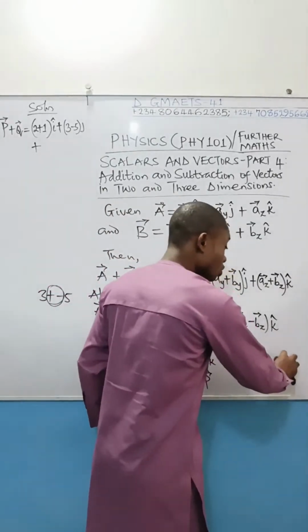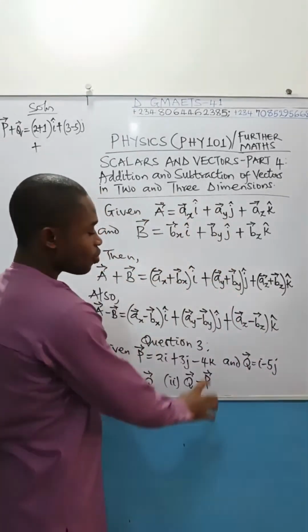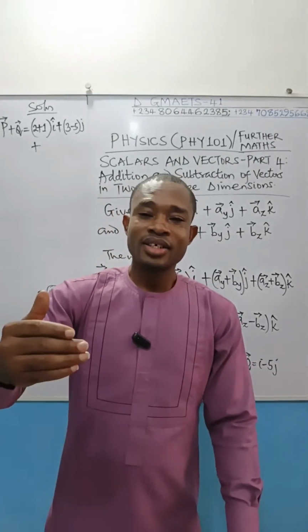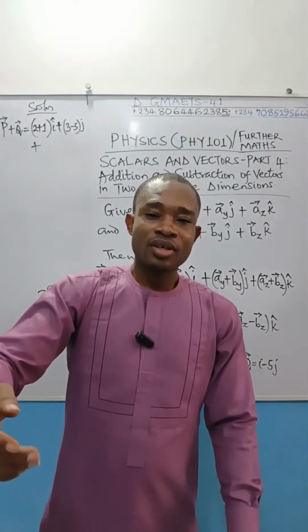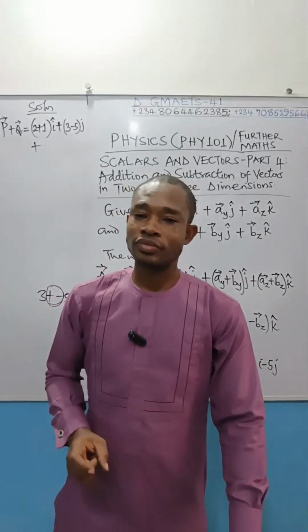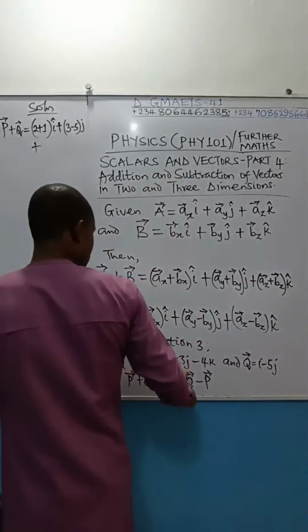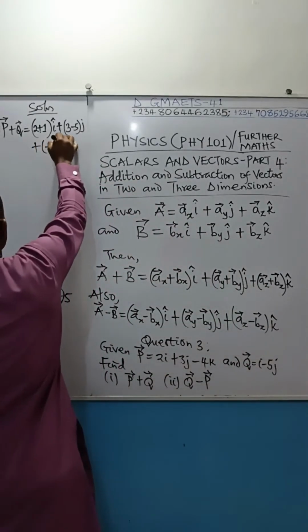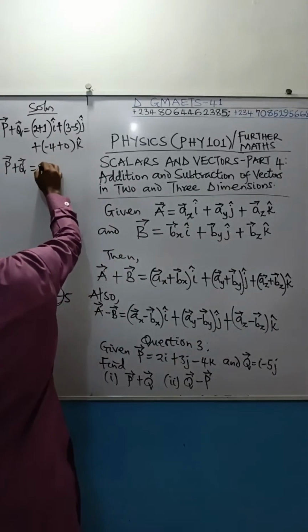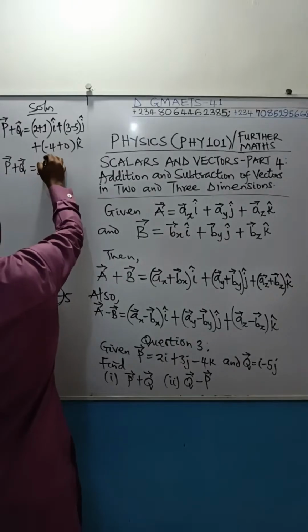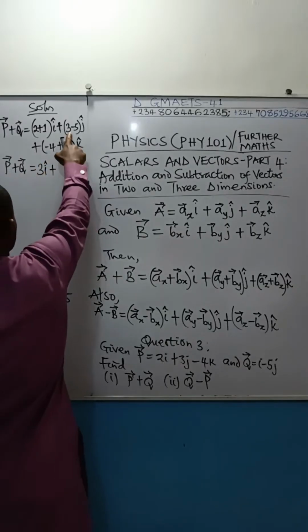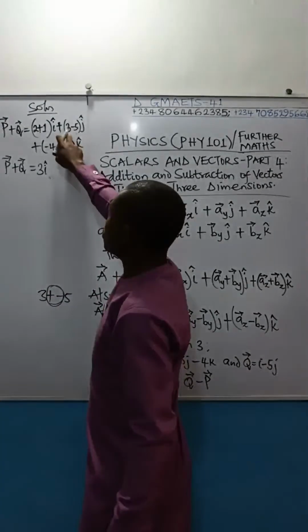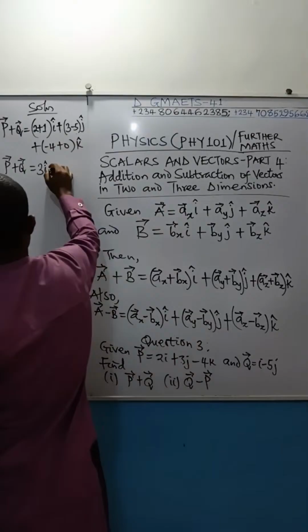Okay, so you want to take note, please. When the vector is in 2 dimensions, it is assumed that the third component, its value is 0. So this is going to be minus 4 plus 0. It goes with that unit vector k. Good. Plus 3 minus 5. Okay, 3 minus 5 is minus 2. So plus times minus 2 will give us minus.